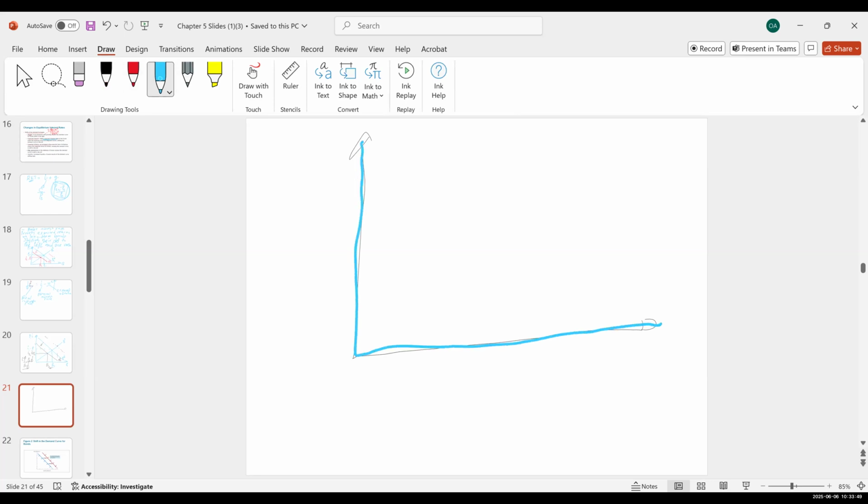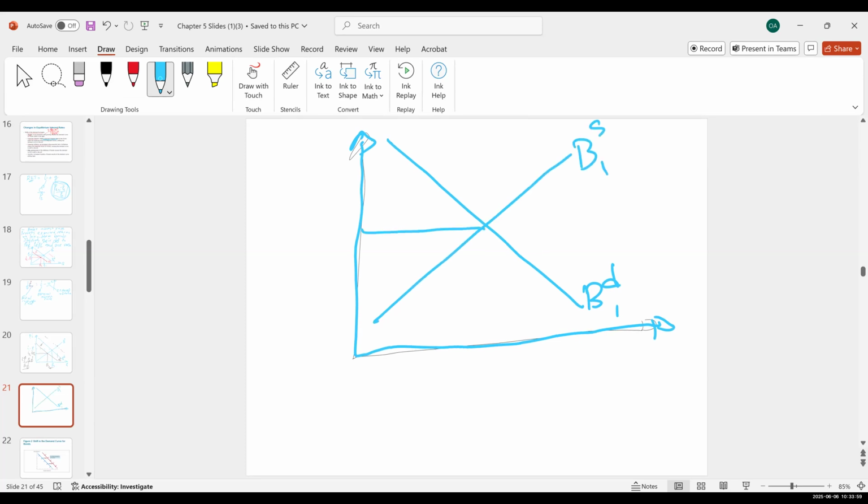This is a much bolder pen here. Okay, so you have your initial bond demand curve here, and your bond supply curve here. If this was your initial equilibrium quantity for bonds, this is the initial equilibrium price with a corresponding interest rate. If the bond market becomes risky, people are going to what?